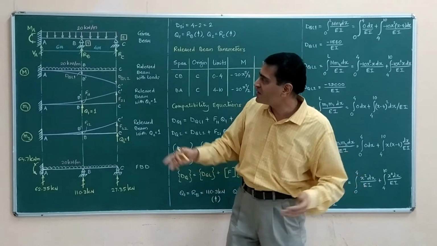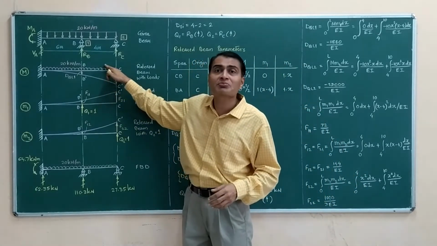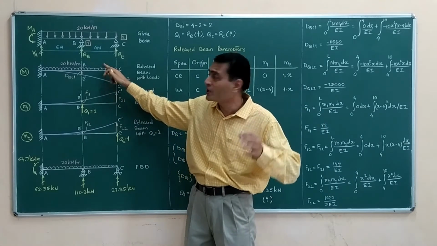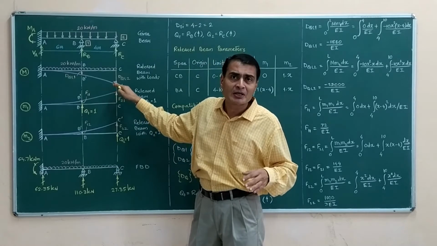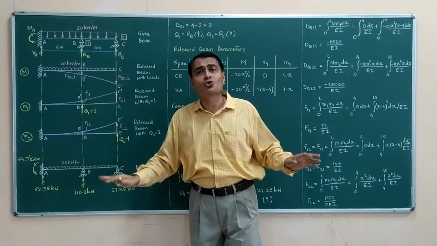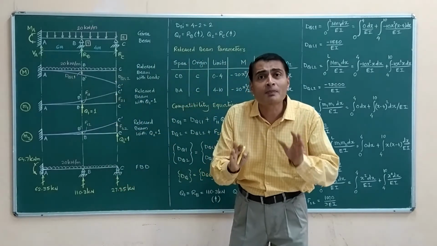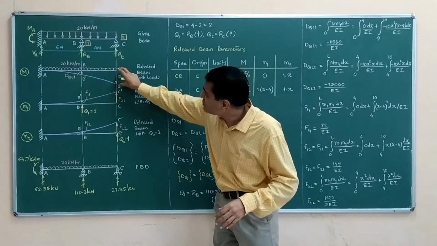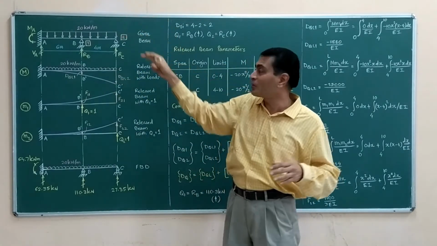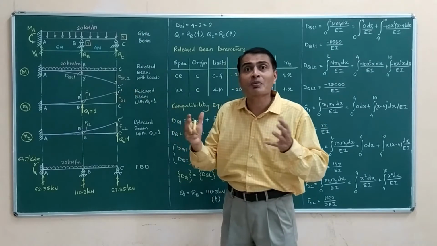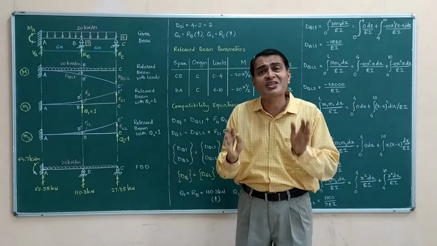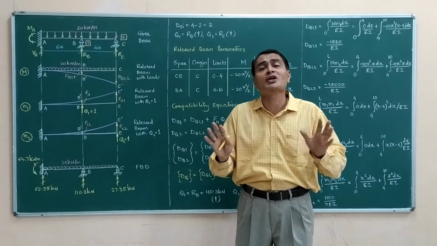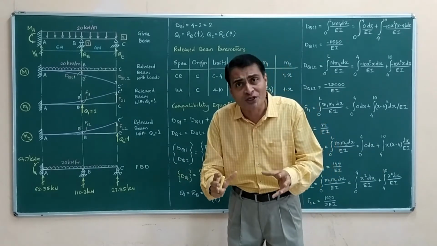It is very obvious that this cantilever, because of the gravity loads, because of the UDL, will deflect somewhat like this. These diagrams are not to scale. You are not to compare anywhere. This much is deflection by 20 kilonewtons per meter, this much is deflection by unit load. How is it possible? No, not at all. These are schematic drawings, not to scale, only representative drawings.